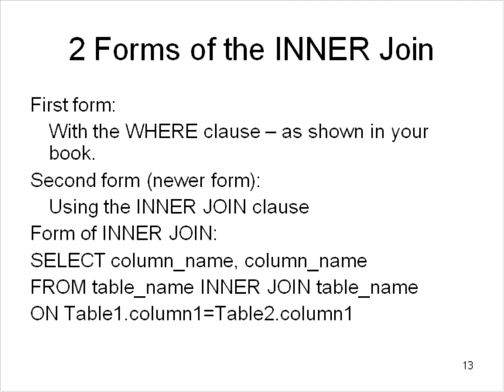There are really 2 ways of doing the inner join. Using the where clause is really the older method, but it's still the most commonly used method. And the newer method, the ANSI join syntax, is the join form where you use the words inner join.